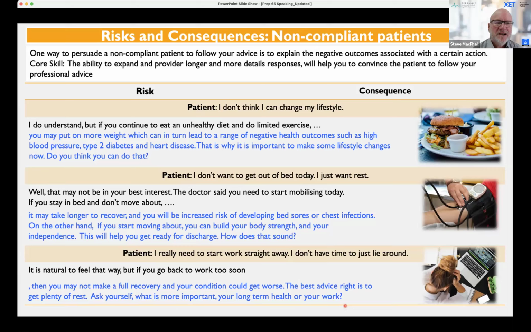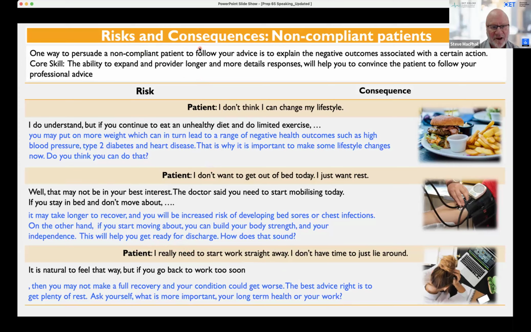All right, so in these risks and consequences, we've used lots of if sentences to help you, these if clauses, conditional sentences to talk about the outcomes which could occur. Make sure you practice this skill, the risks and consequences of not following your advice.